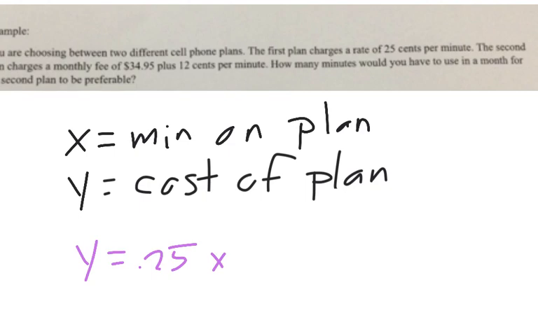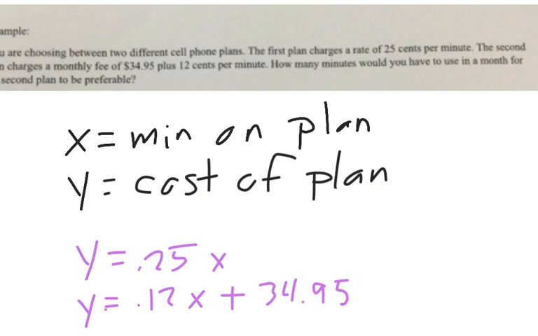What about the second plan? The cost is 12 cents for every minute, plus a flat rate, right? Plus a monthly fee. So I'm paying $34.95 regardless.